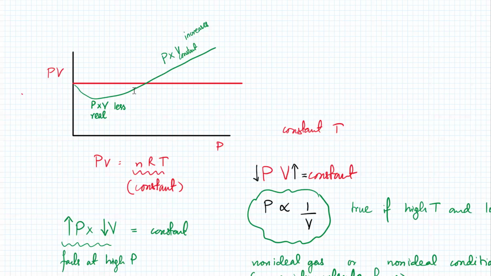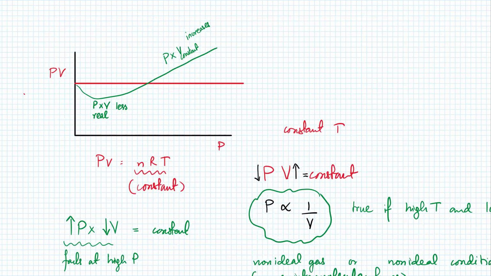The other question you might get on this is they might give you two gases. The closer you are to the red line, the more ideal the gas is. So this darker line is more ideal, and this one is less ideal. They're going to ask you to identify which one is which gas.